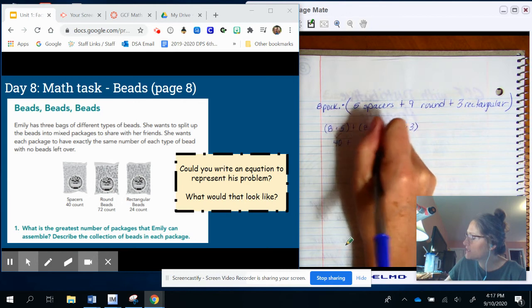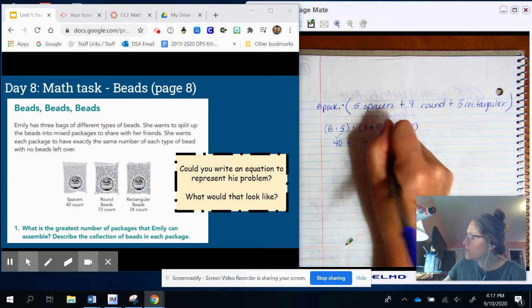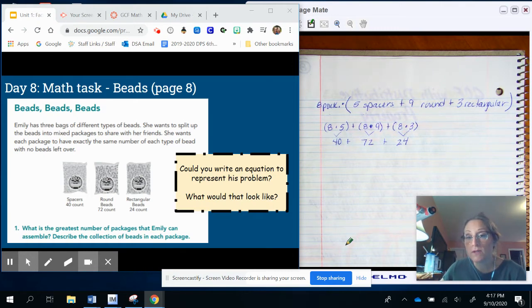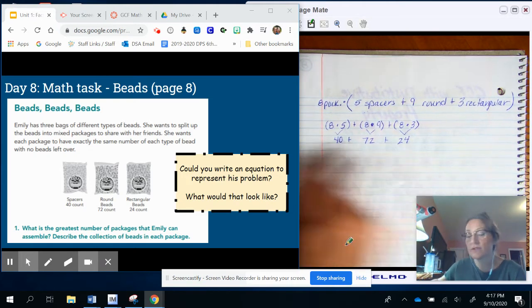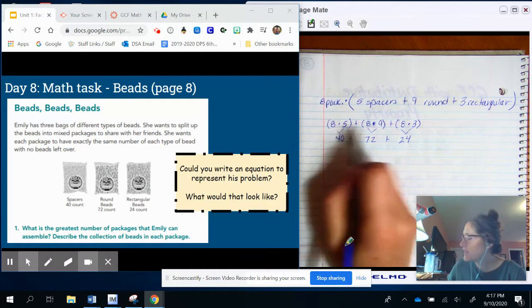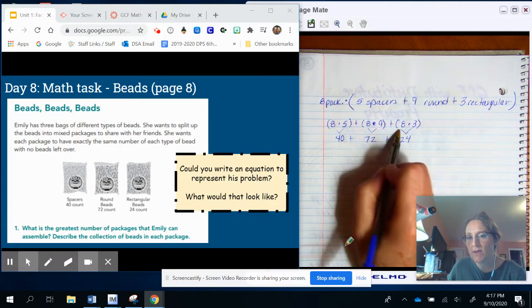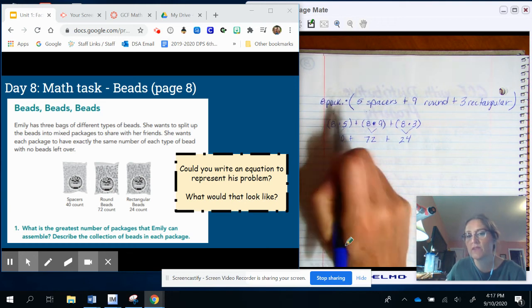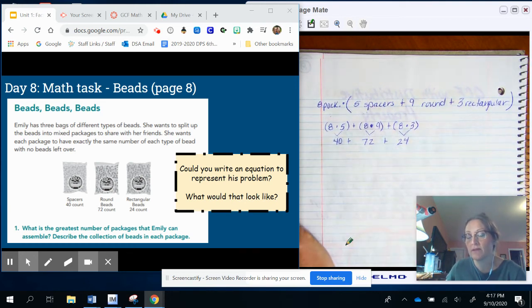Plus 8 times 9 is 72. Plus 8 times 3 is 24. I hope those numbers seem familiar. You saw those numbers on the other page. 40, 72, 24. So we must be doing something right. 8 packages of 5, 8 packages of 9, 8 packages with 3. Or 8 packets with 5, 9, and 3.